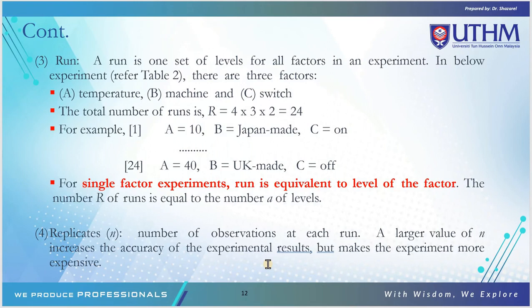But of course, if we run the experiment many times, the cost will increase, because an experiment will involve cost, workmanship cost, and also time. So we have to consider the cost in order to do the replicates. So we define the number of replicates by considering the cost that will be involved.